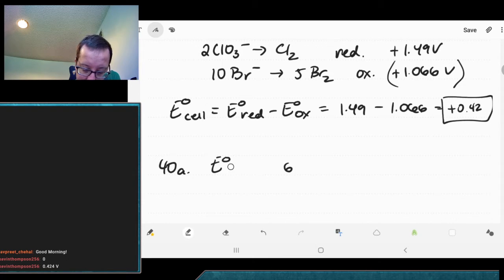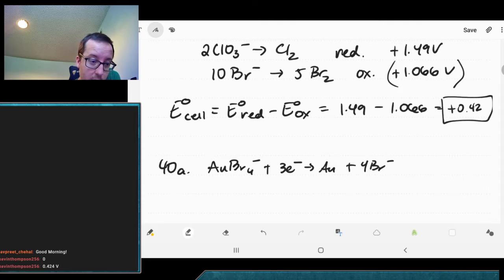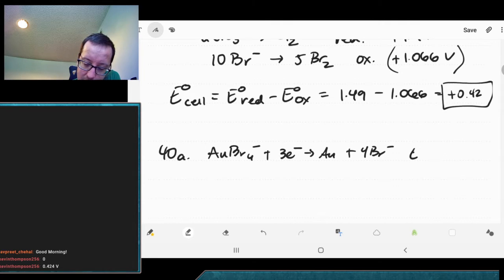Actually, I guess I should write the reactions, fine. AuBr4 minus plus 3 electrons turns into gold plus 4 bromides. And the potential here is negative 0.86.